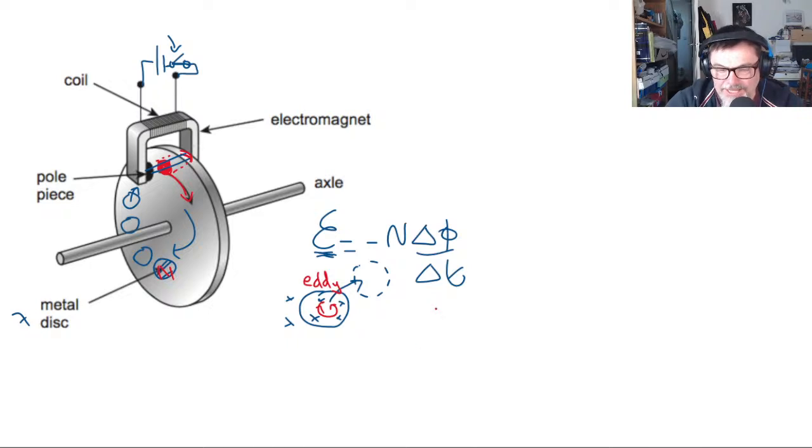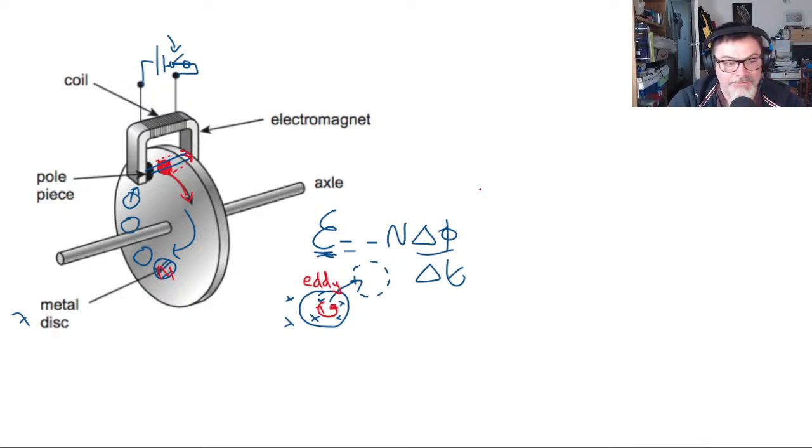In this question, the mark scheme is interesting because it doesn't really get you to go into great detail about how those swirling currents produce this force with the electromagnet. It just literally quotes Lenz's law.